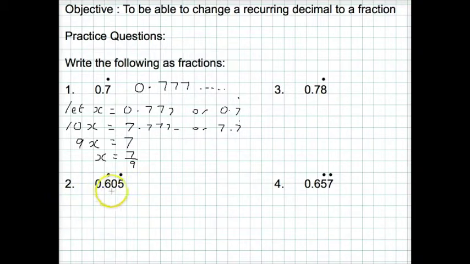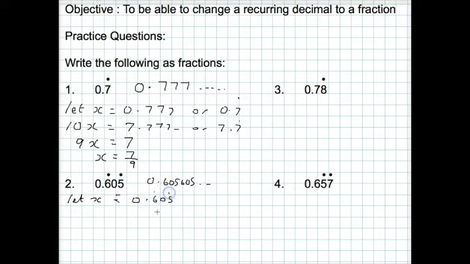Question 2 then. This could be written as 0.605, and the 605 will continue repeating. For this one, again I'm going to let x equal 0.605 recurring.